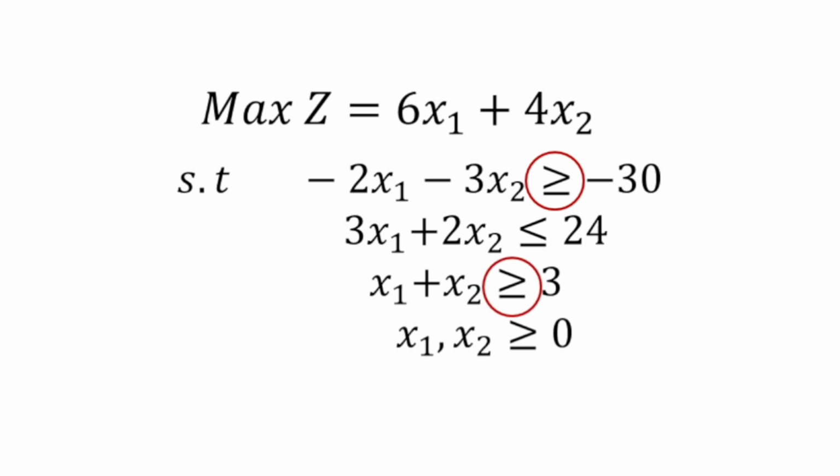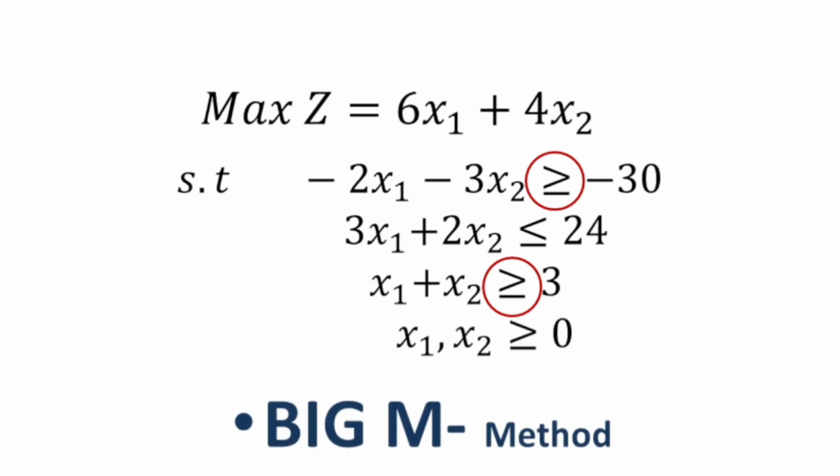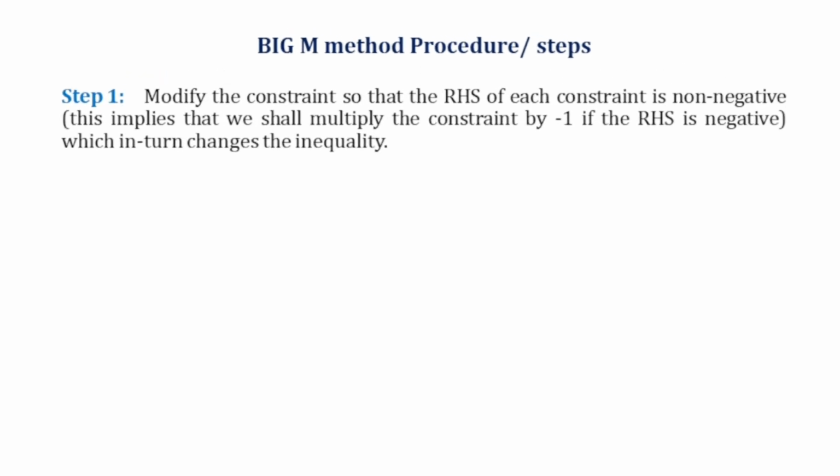All right, good. So for Big M, there are steps to follow, just like we did in the Simplex method. Step 1 is to modify the constraint so that the right hand side of the constraint is non-negative. This implies that we multiply the constraint by -1 if the right side is negative, which in turn changes the inequality.